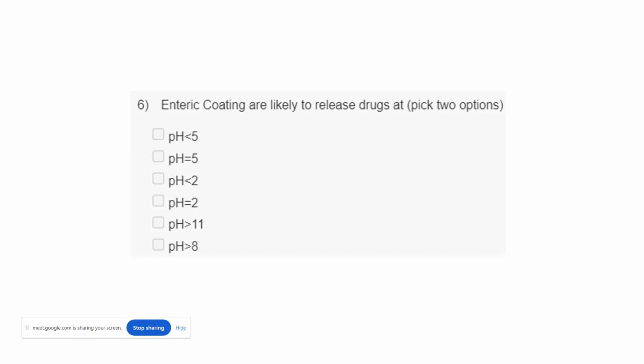Okay, enteric coatings are likely to release drug at two different pH values out of these options. Which of these do you think is the correct answer?